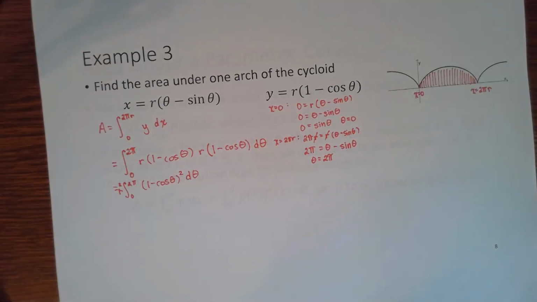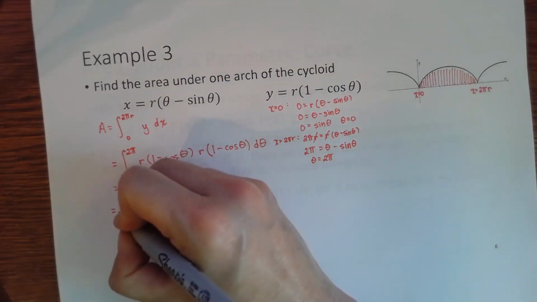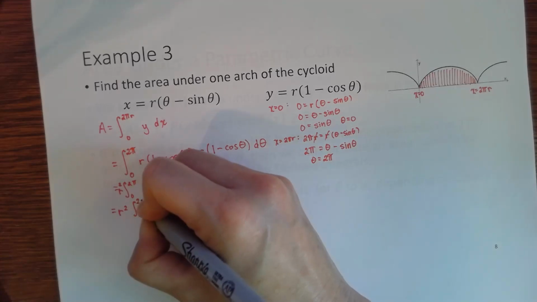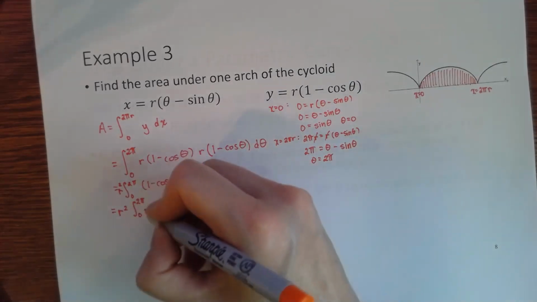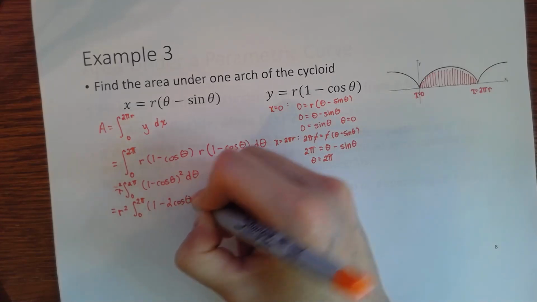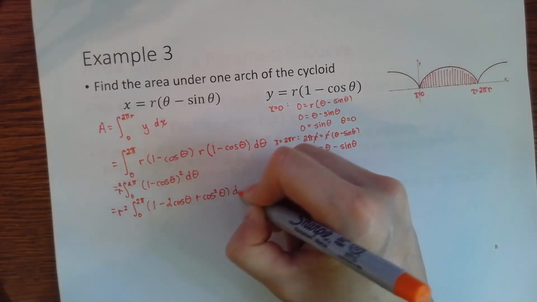Probably for this particular integral, it's best if we go ahead and expand that out. So I'm going to have r squared, the integral from 0 to 2 pi, and we square that, I'm going to get 1 minus 2 cosine theta plus cosine squared of theta.